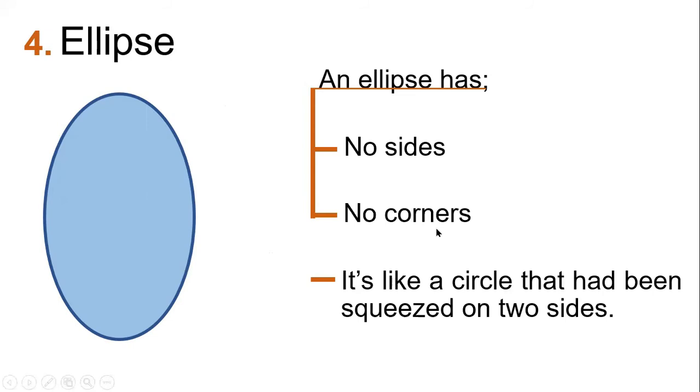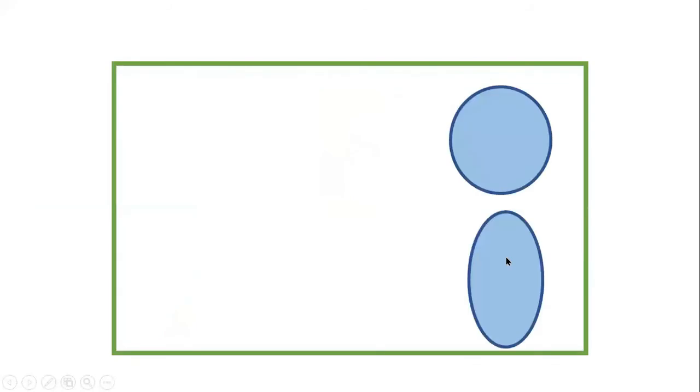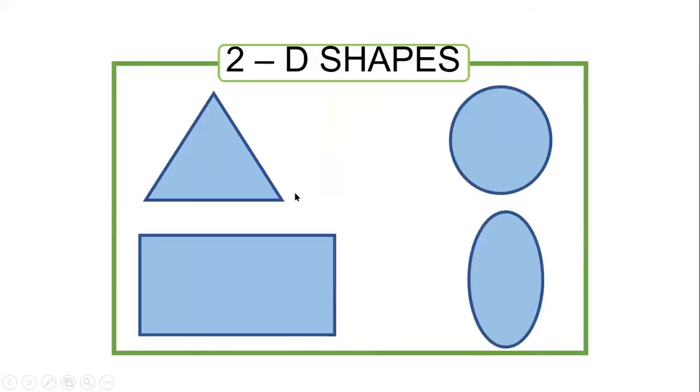So it means that an ellipse and a circle have no sides and have no corners. That's great.